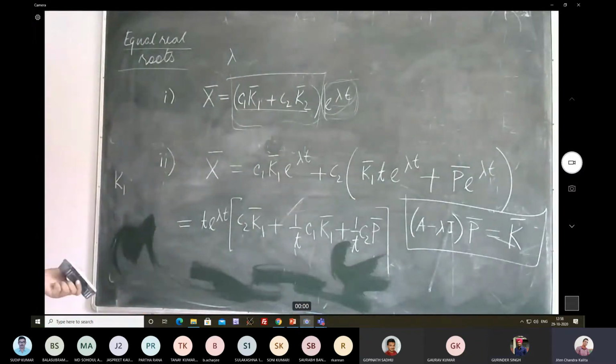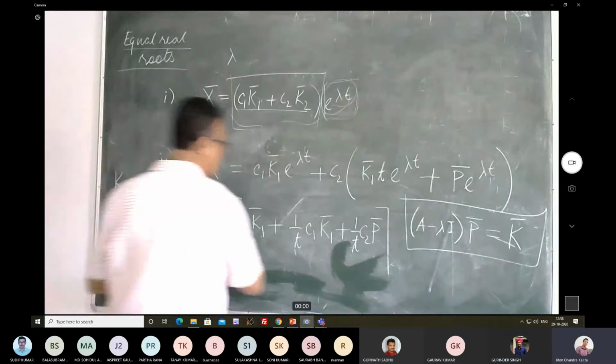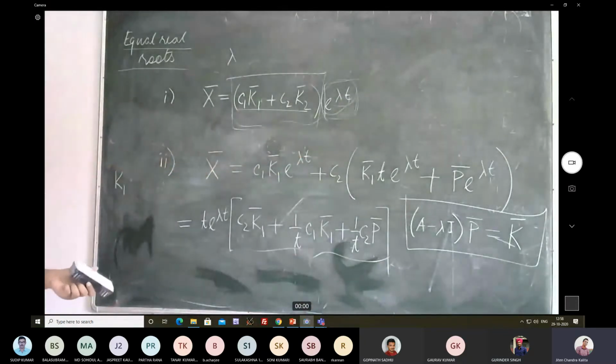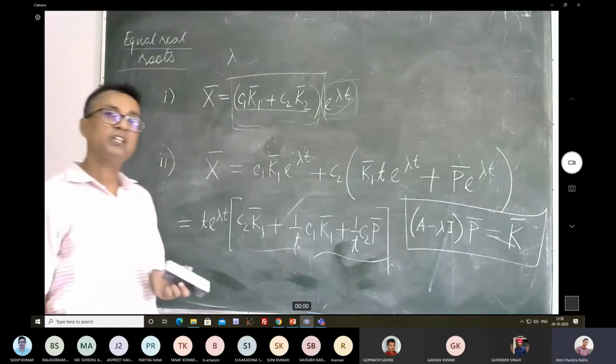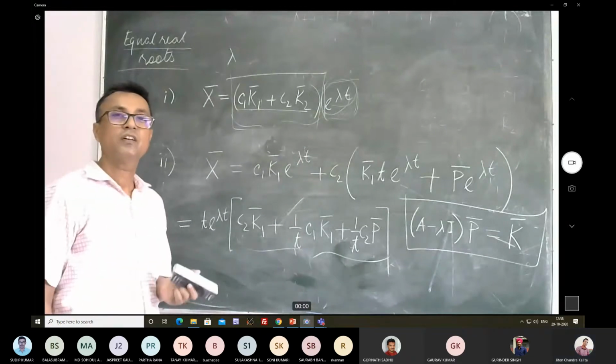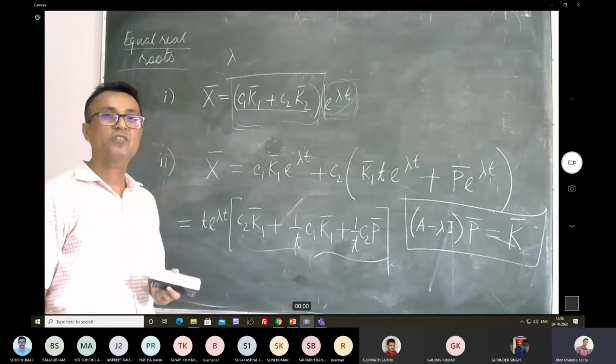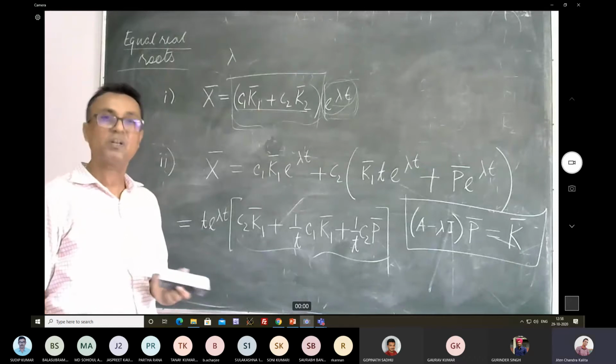Right. So now again, if you look at the expression under the parenthesis, their combination is not going to give you straight lines. The trajectories are going to be some curves.